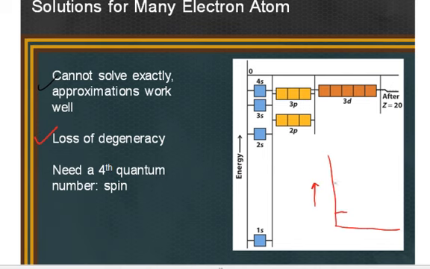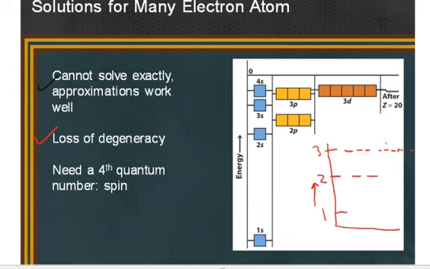We had 1s and then 2s and 2p, and then 3s, 3p, and 3d. And all of the subshells and orbitals were of the same energy within a given shell.